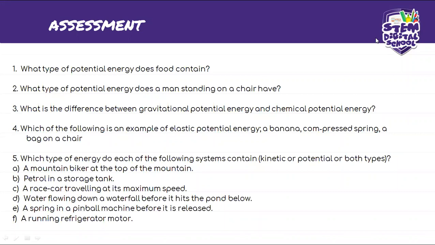What's the answer? This one you just need to pick. Yes, what are your answers? I know you are typing, but okay. Let's see. Yes, somebody is saying compressed spring. Yeah, that's correct. Perfectly correct.